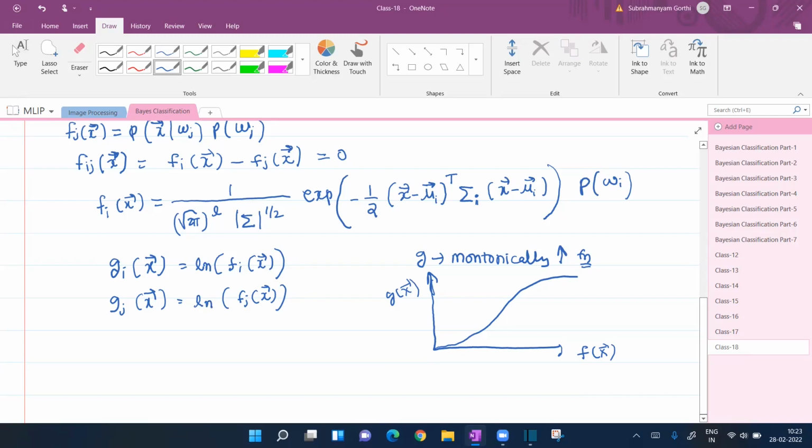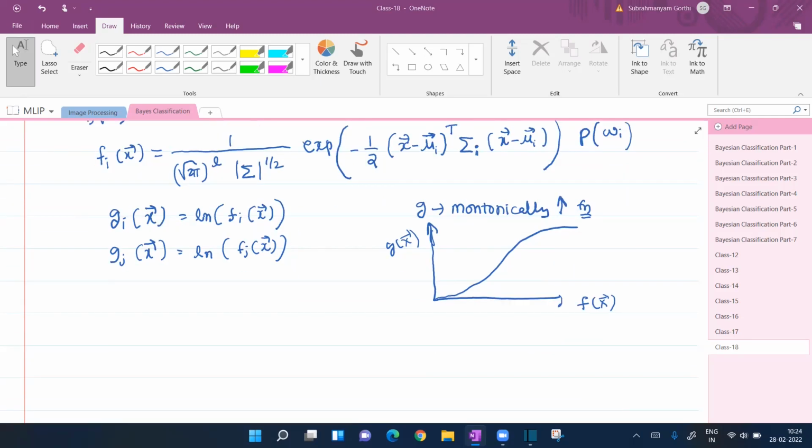Now, before we attempt any math here, tell me, if I give you g i of x bar and g j of x bar for varying values of x bar, how do you know where the decision plane is? g ij equal to 0. Correct. That's all, as simple as that. See, monotonically increasing function means what?